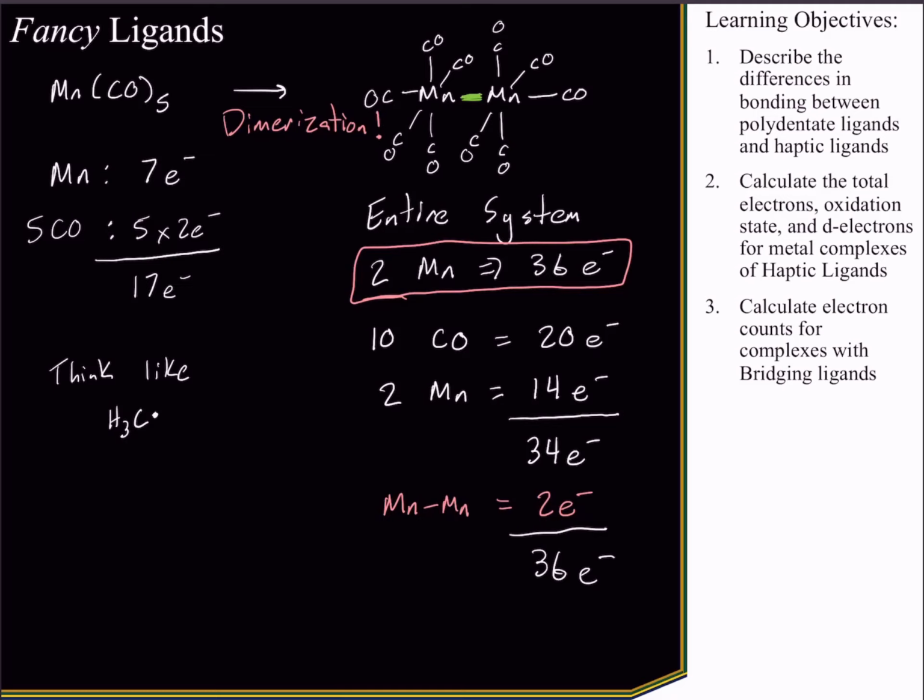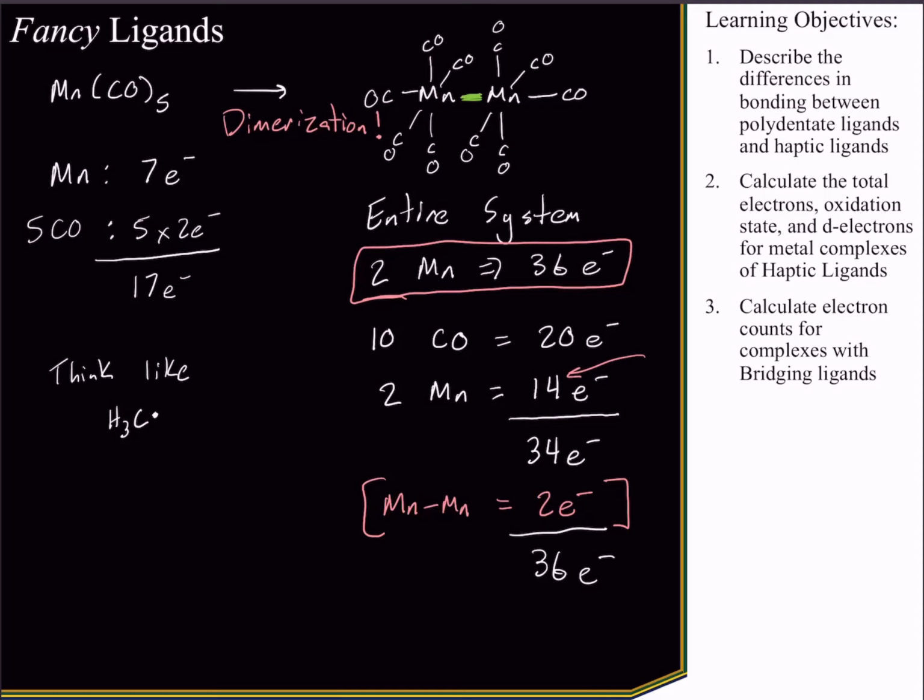Now, I know what some of you are thinking because this is something that every once in a while I still kind of get wrapped up on. We are double counting electrons here, all right? And if it seems like we're double counting electrons, it's because we absolutely are. These electrons that we're saying is this manganese-manganese bond are 2 of the electrons from the valence shell of these manganese.